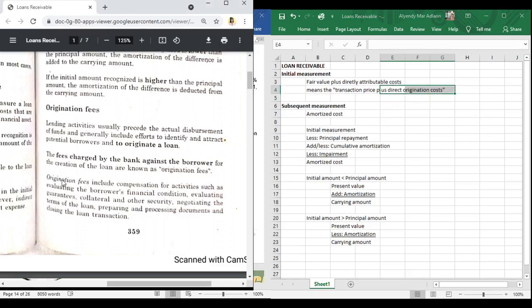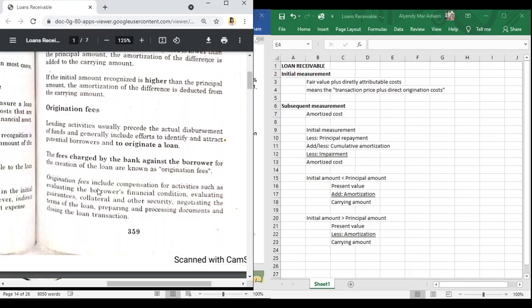Okay, so those are the direct origination costs. Now, these origination fees are the compensation for those activities. So, the direct origination cost will be compensated by the customer in the form of origination fees. So it is not only us who pays; yes, we pay, but it will be compensated.